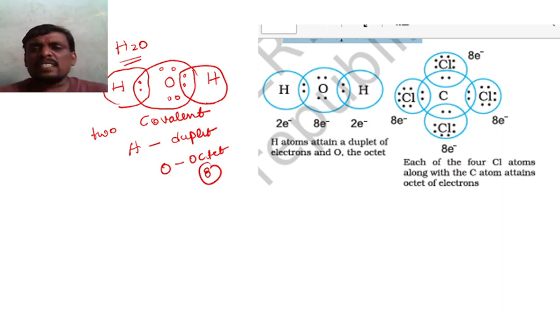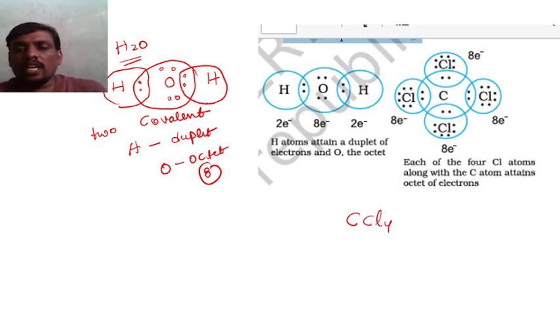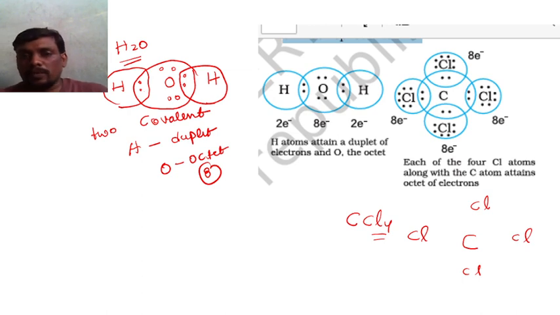Now let us take each of the 4 chlorine atoms along with the carbon atom attaining the octet rule. In the case of carbon tetrachloride, CCl4, that is the structure. Now I would like to represent here carbon as the central atom, and chlorine is here, and one more chlorine will be here. Why? Because a total of 4 chlorine atoms are there, and one more chlorine will be here.